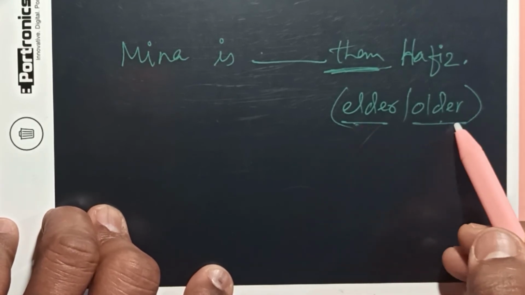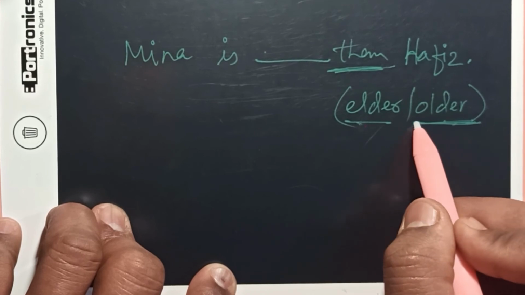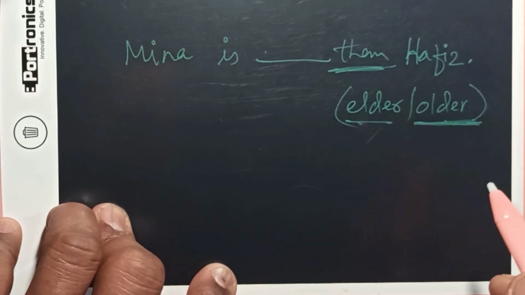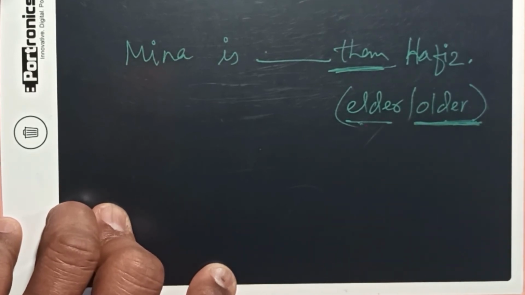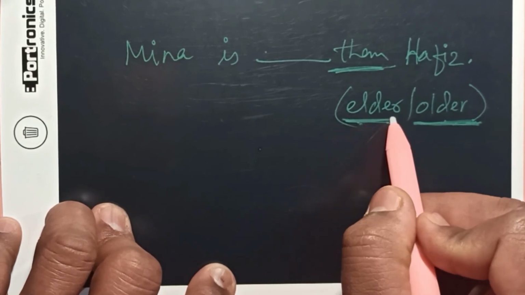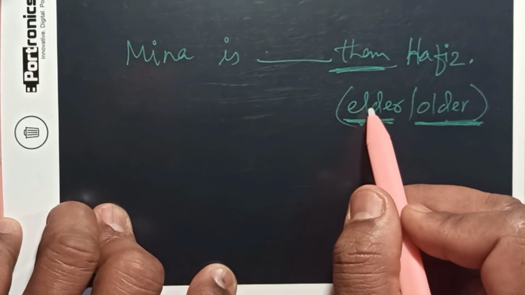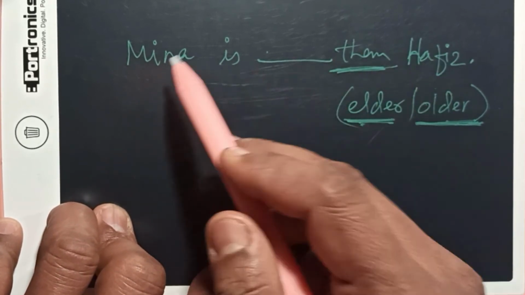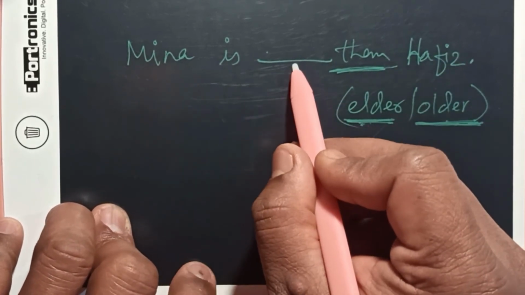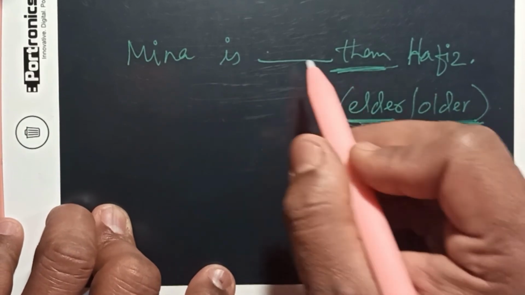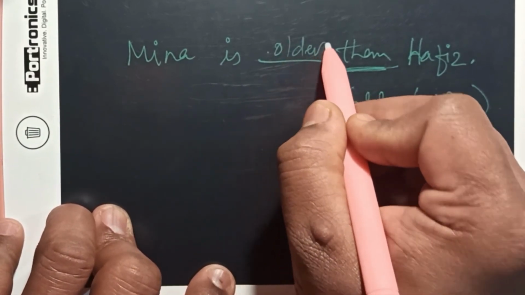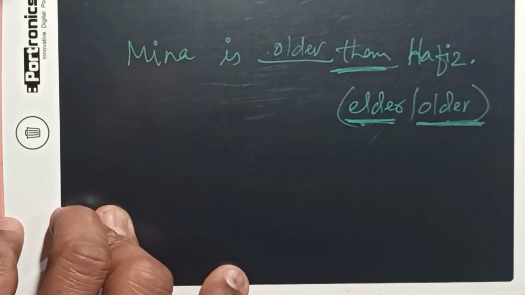Now older can be descriptive to persons also and things also, but in the case of elder, it is descriptive only to persons. Of course we have persons here, but elder doesn't sit here. Mina is older than Hafiz.